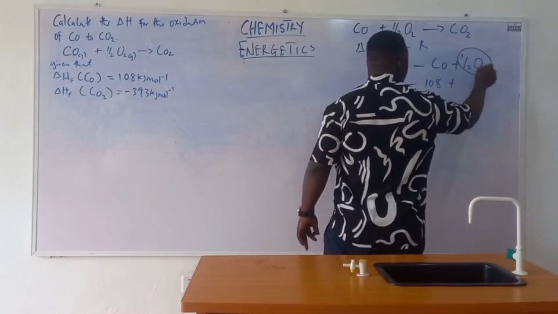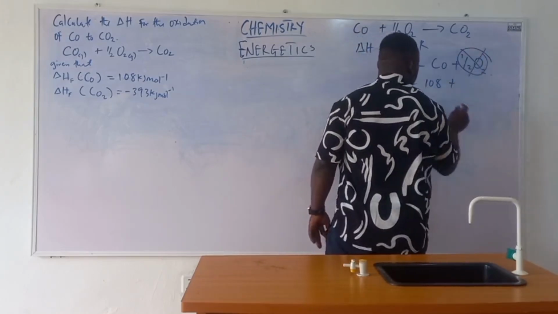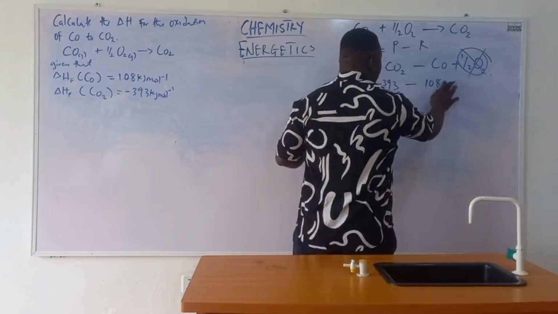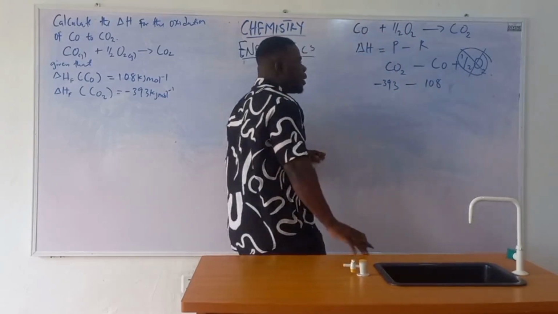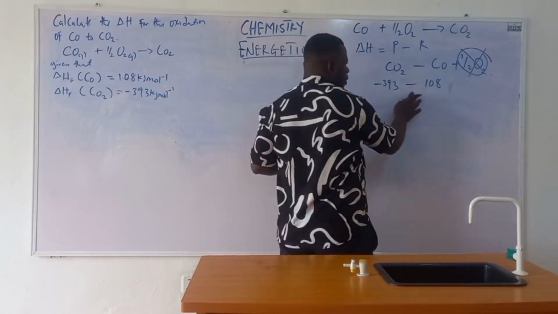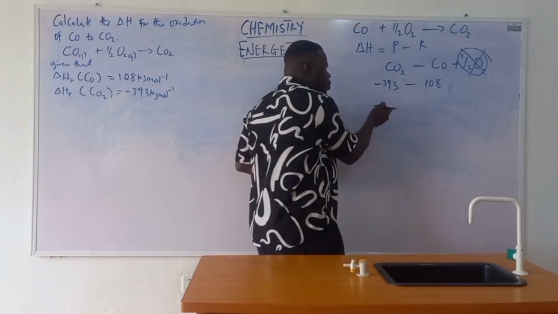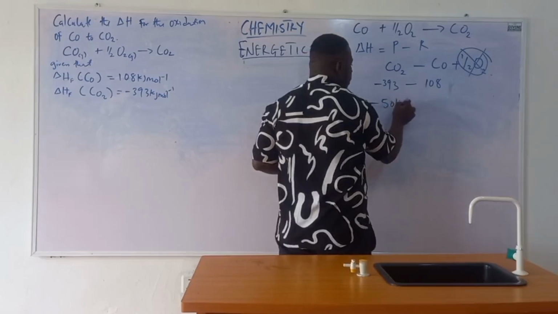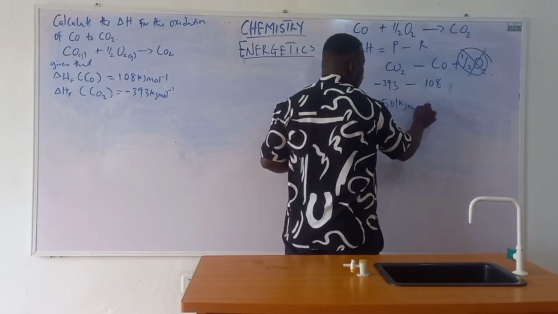So therefore, this species is cancelled. So what is left is minus 393 minus 108. If you do this in your calculator, you're going to get minus 501 kilojoule per mole.